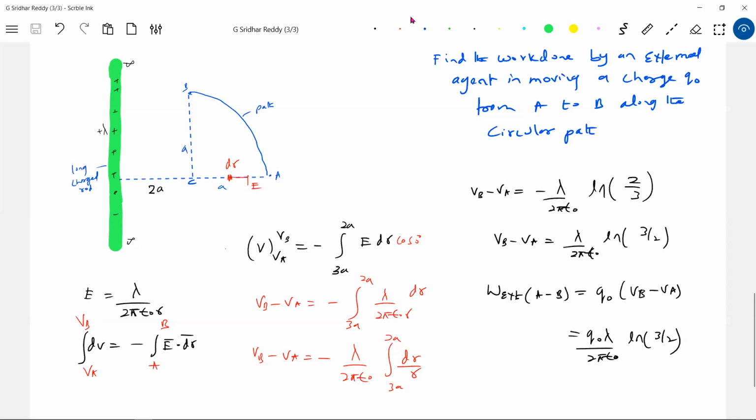Nearby different bodies, we will be taking help of this condition here. Actually, it's a numerical. What is the purpose of giving E equal to minus dV by dr? What is the use of that? The use is only to calculate such things. Next, we'll see further application of this.